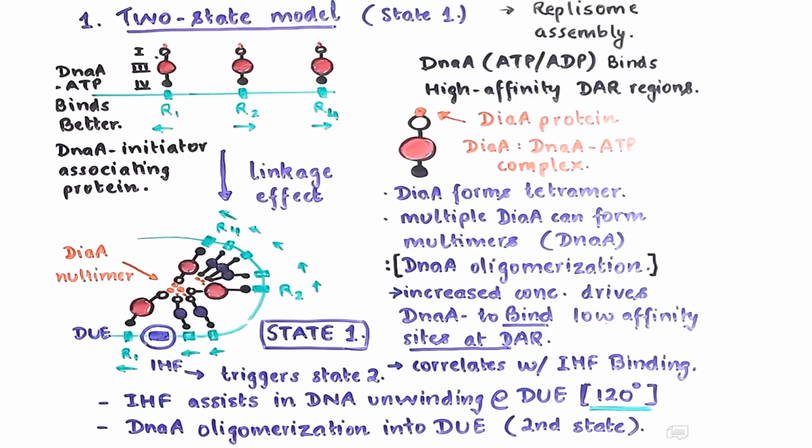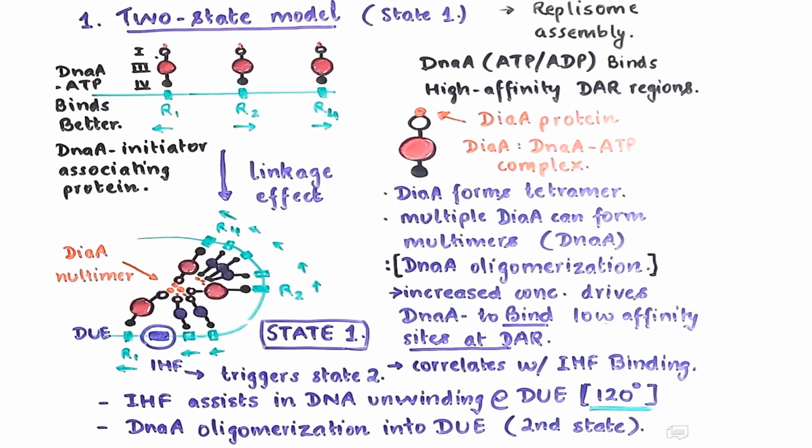Since multiple DIA can come together, it can force the aggregation of DNA A protein at the DAR site, and it is likely acting like a crowding agent. Once DIA forms multimers, it can further force the DNA A oligomerization at the DAR site.